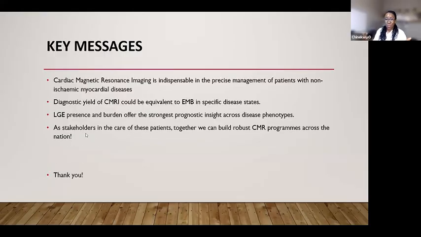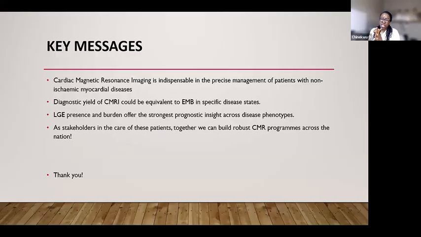So I think, in summary, what I've tried to describe is how, to be honest, cardiac MRI in the current day is indispensable in offering precision therapy to our patients with non-ischemic heart disease. The diagnostic yield of cardiac MRI could be equivalent to endomyocardial biopsy, as demonstrated with the myocarditis.